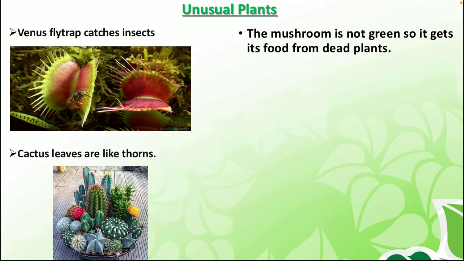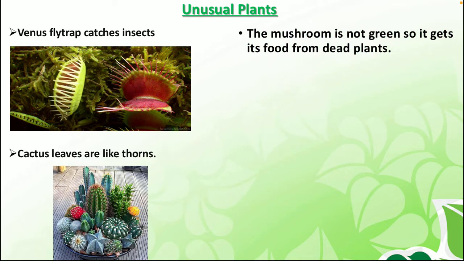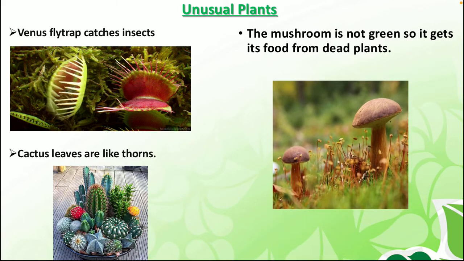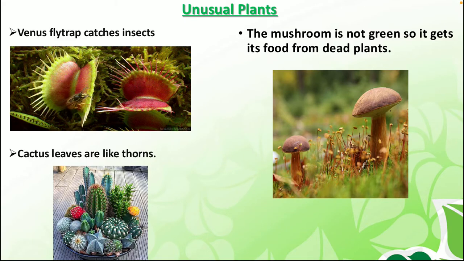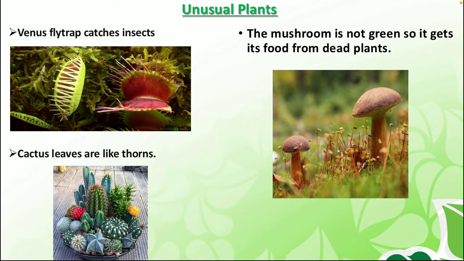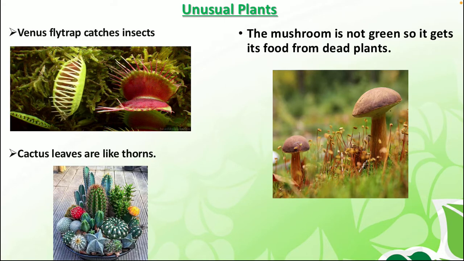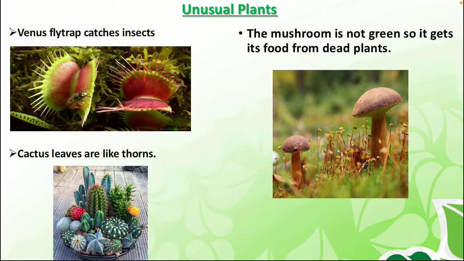The other unusual plant is the mushroom. The mushroom is not green, so it gets its food from dead plants. As all of you know, green plants make their own food, but mushrooms are not green. So mushrooms cannot make their own food. They take food from dead plants, and mushrooms are a common form of fungus.